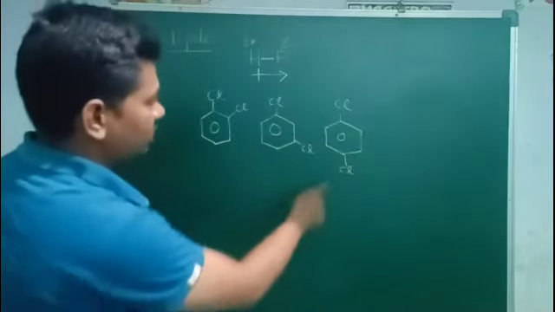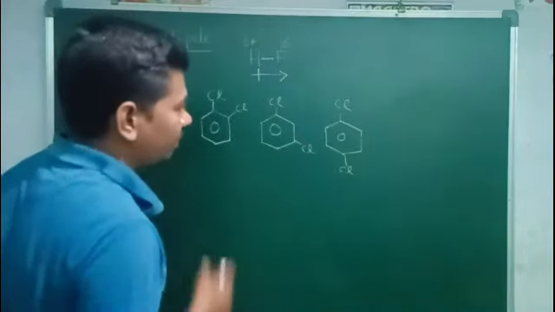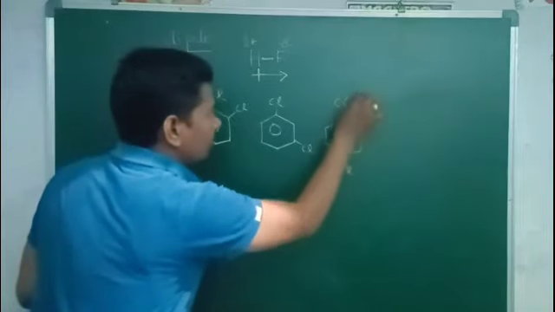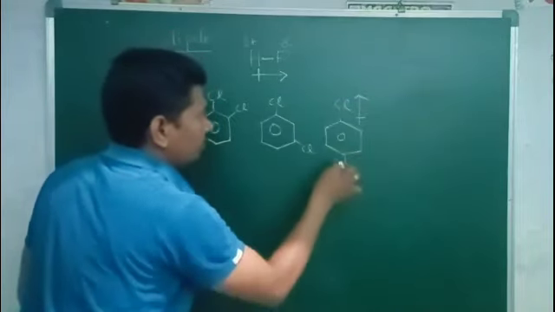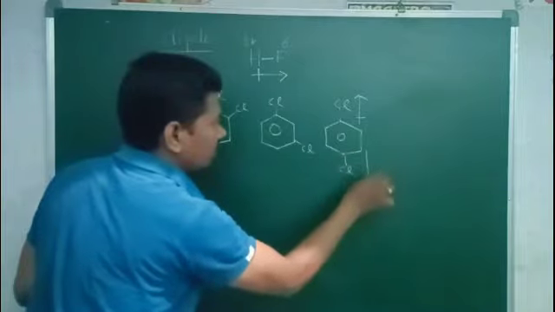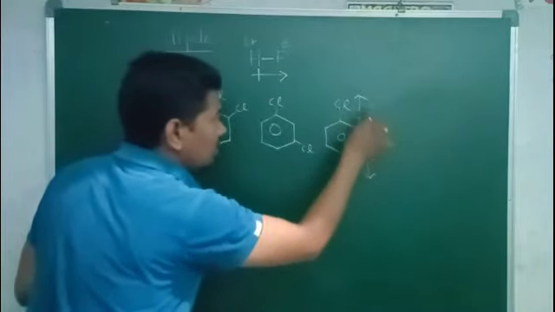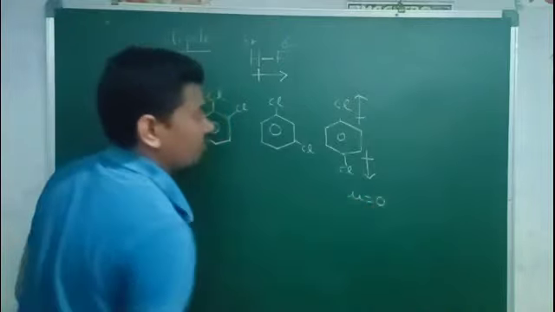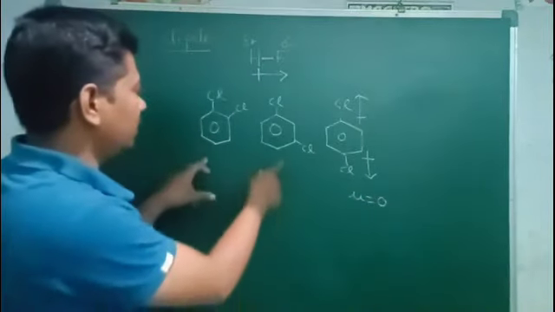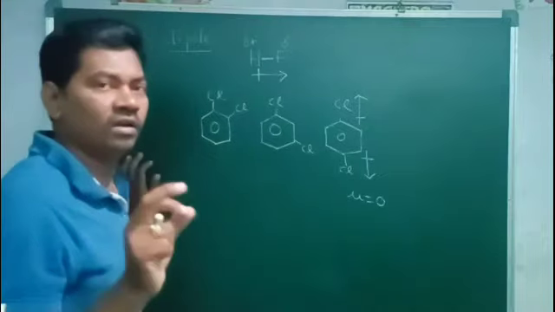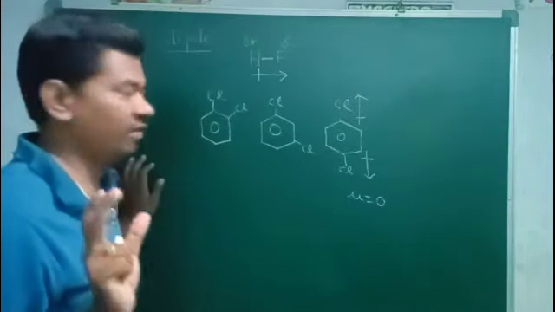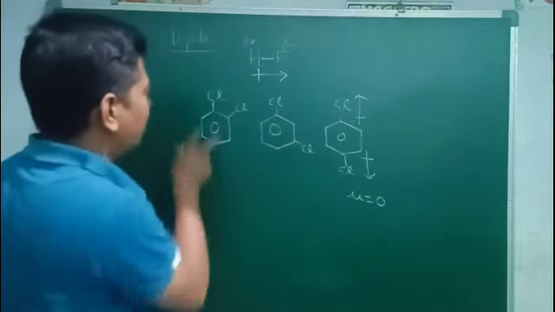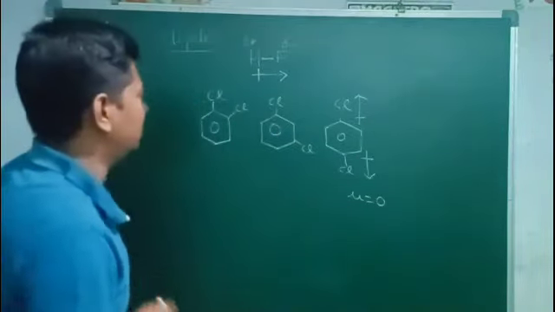See students, you can clearly see here in this example, one dipole is moving from carbon to chlorine, and here one dipole is moving from carbon to chlorine. You can see both dipoles are cancelled with each other. In this case mu is equal to 0. But in these two molecules, definitely dipole moment is present, because these two are not opposite to each other, and these two are also not opposite to each other.